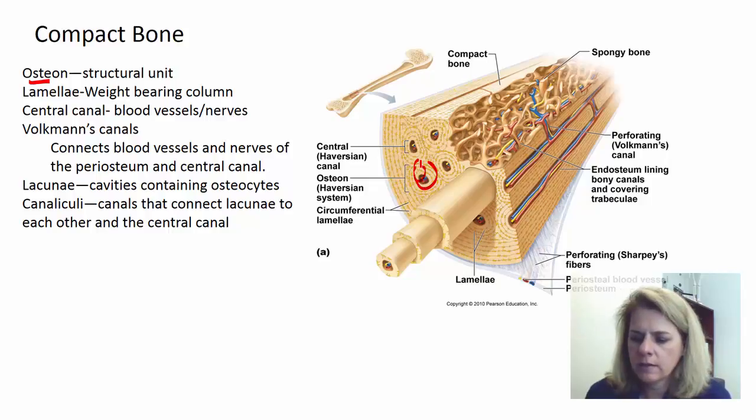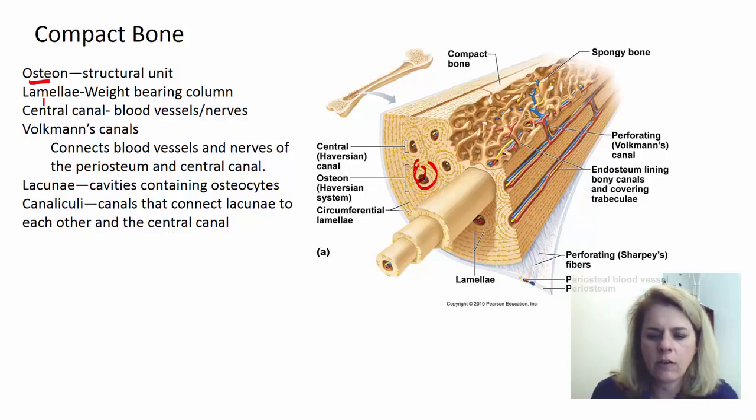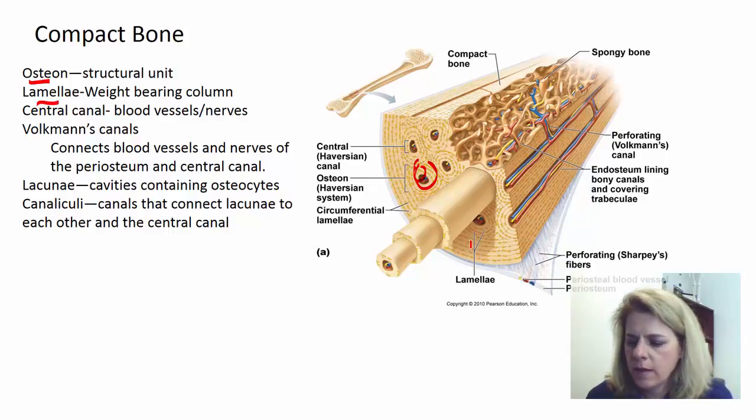These are these circles like tree rings, okay? Each one of the circles is a layer, or a lamella. So this would be a lamella, this would be a lamella, this is a lamella. And that helps you form these weight-bearing columns, okay? So they're long, hard, dense columns that are good for weight bearing.